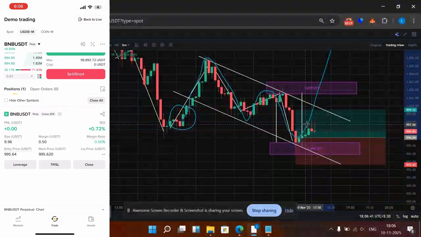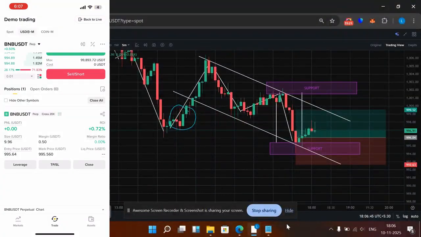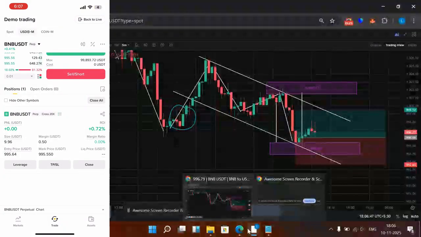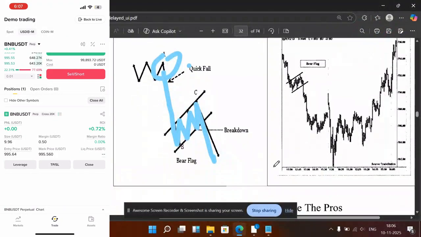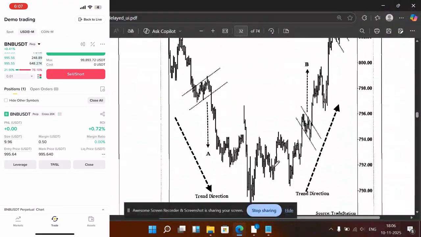Let's see, because it's going down a bit. But obviously it's going to go up at the end. Let's hope for the best, because obviously we cannot do everything like that.